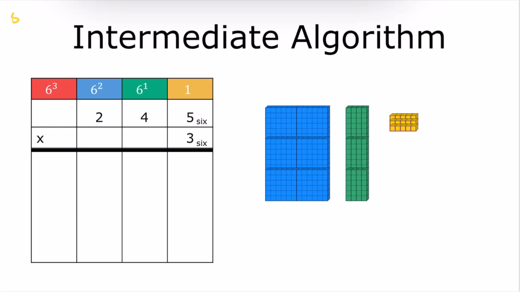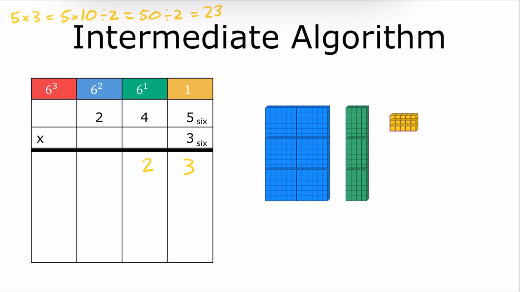I could think of 5 times 3 as being 5 times 6 divided by 2, which 5 times 6 would be 50. And when I divide that by 2, if I split 5 rods in half, I'll have 2 rods and a half of a rod, which would be the number 3 in base 6. So I know that that's going to be 23 by using that thinking strategy.